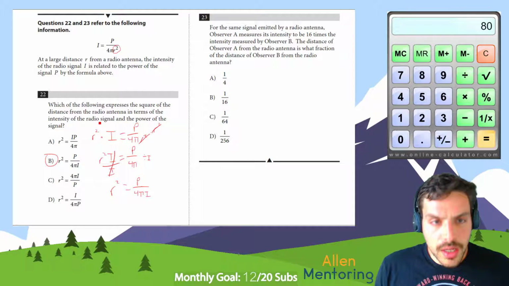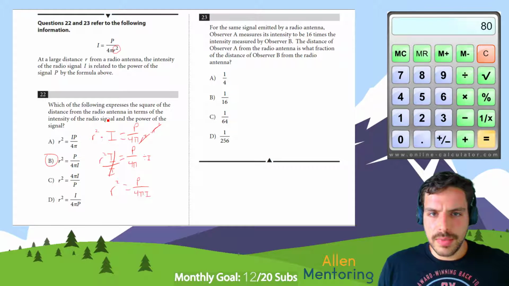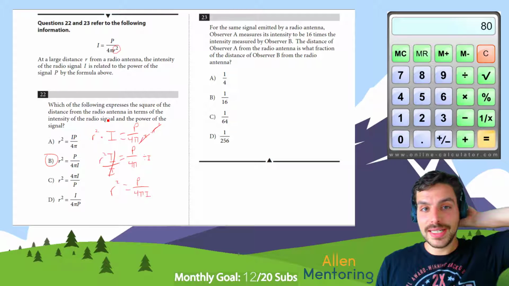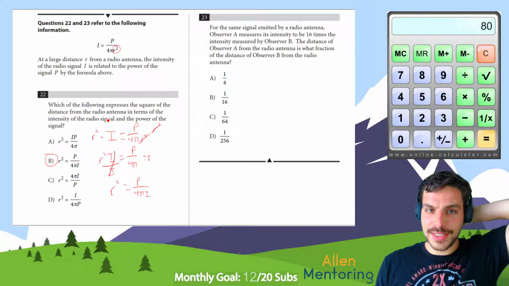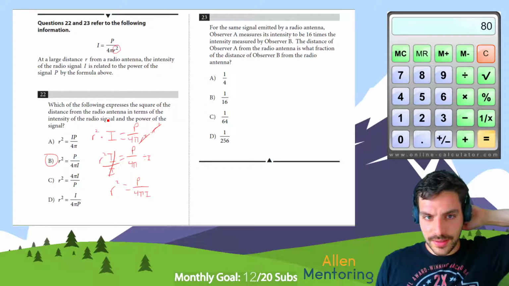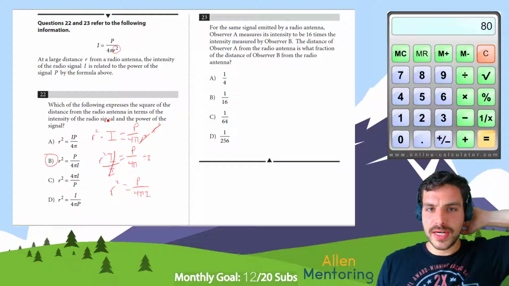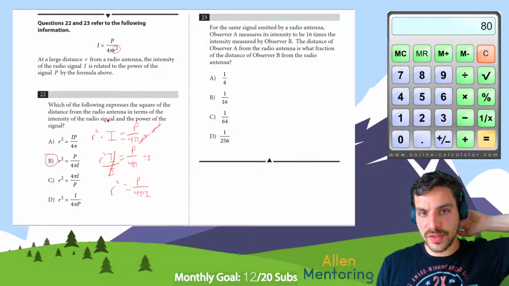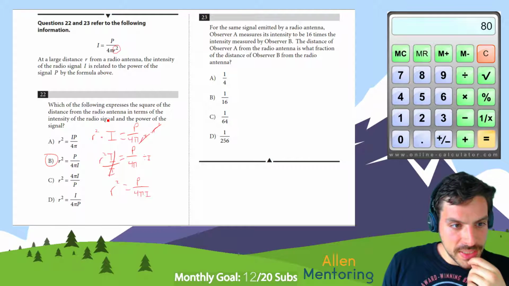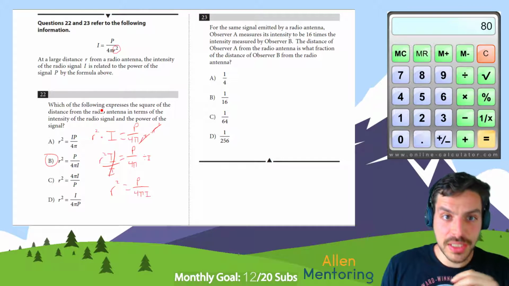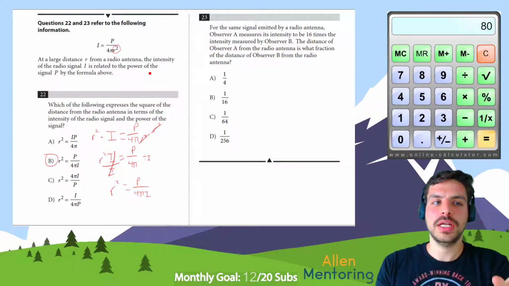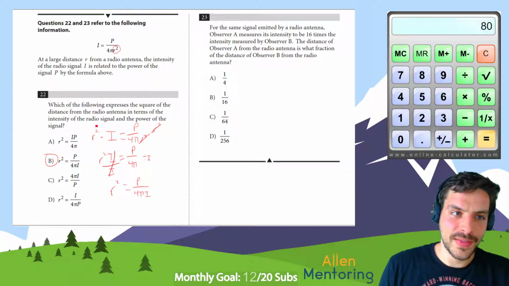23. For the same signal emitted by a radio antenna, observer A measures its intensity to be 16 times the intensity measured by observer B. The distance of observer A from the radio antenna is what fraction of the distance of observer B from the radio antenna? So basically, we want to set up both observer A and observer B using the formula that they gave us.